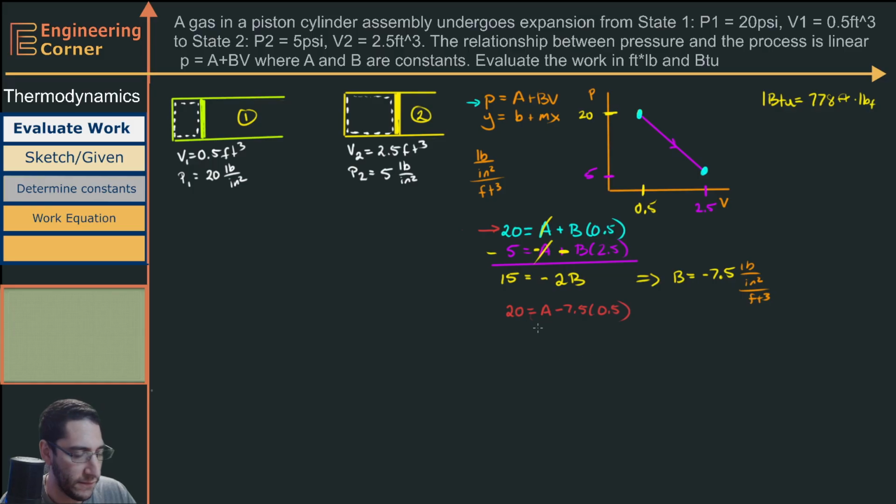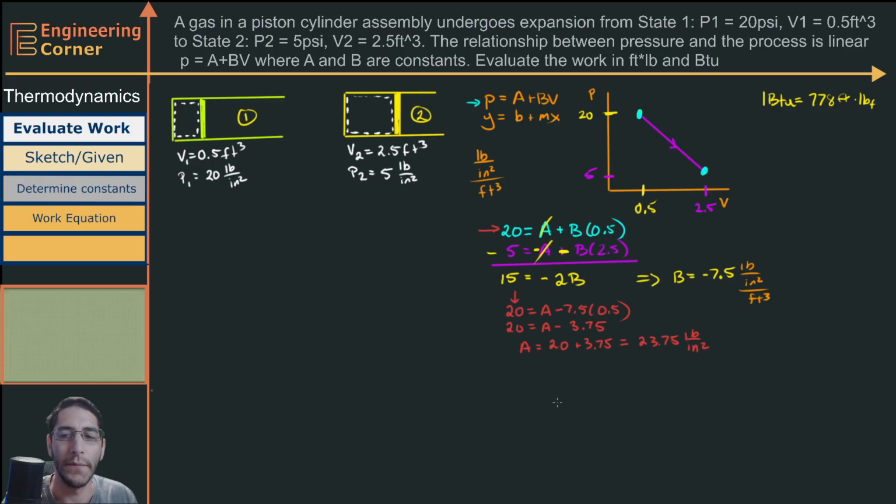So 20 is equal to A minus 3.75. Solving for A, I get A equal to 20 plus 3.75, which is 23.75. Because we're adding these two terms together, this just has a unit of pressure, psi.